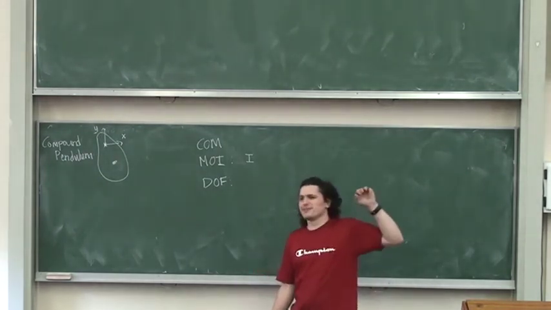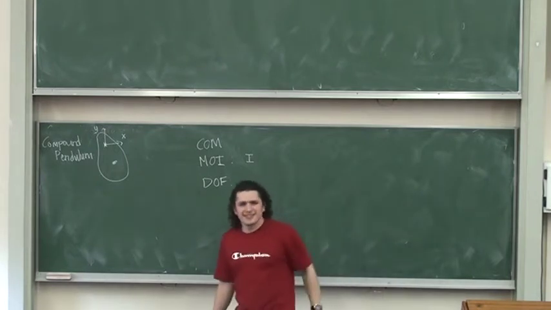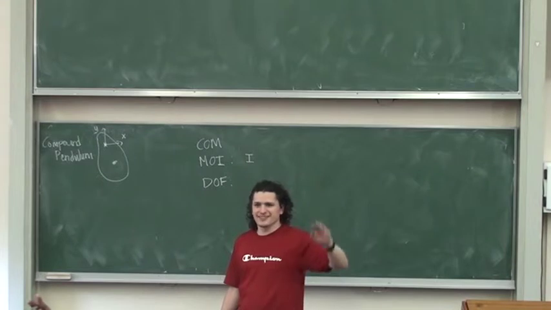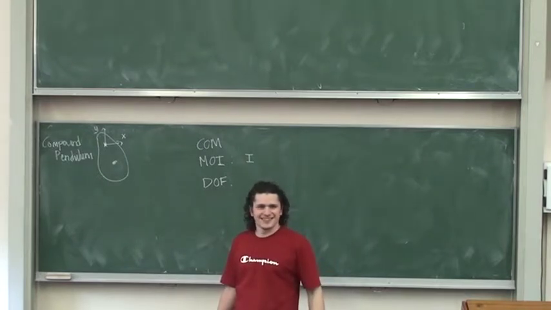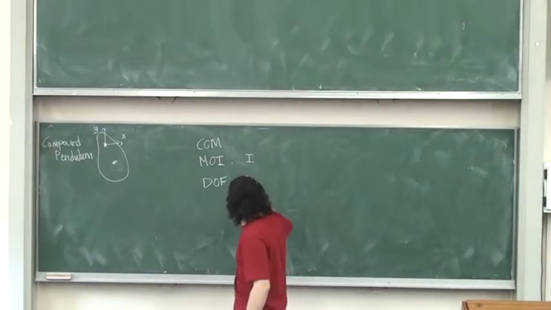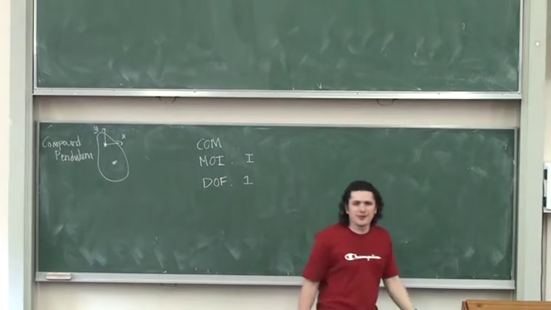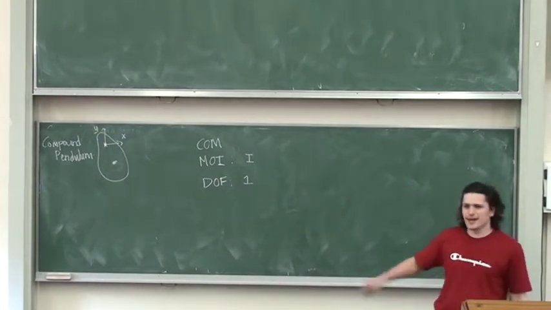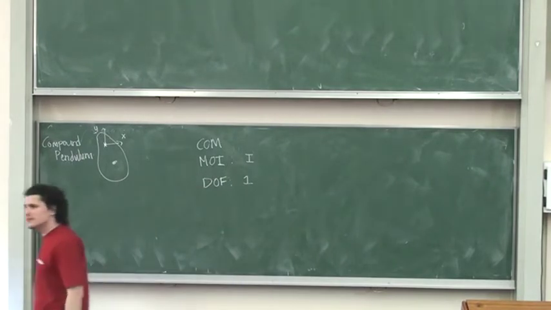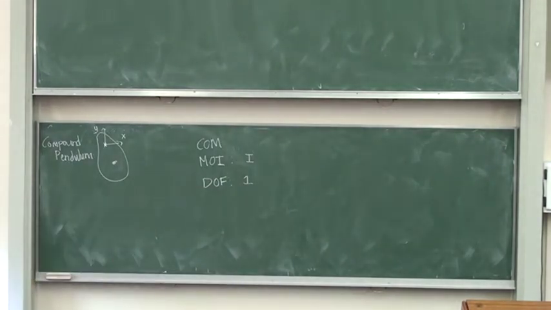I'm very glad that nobody puts their hand up for that question. Who says one? It is one. It's a pendulum after all. It's just rotating up and down. Can't spin or anything funny. It has 1 degree of freedom.